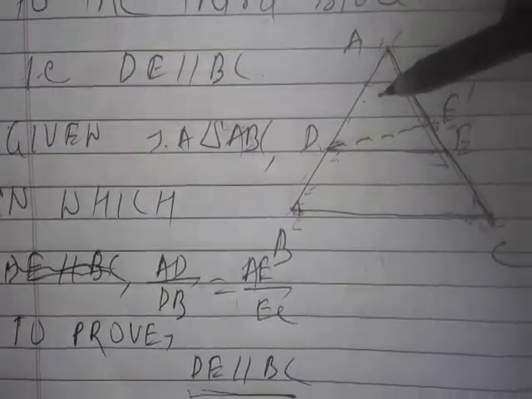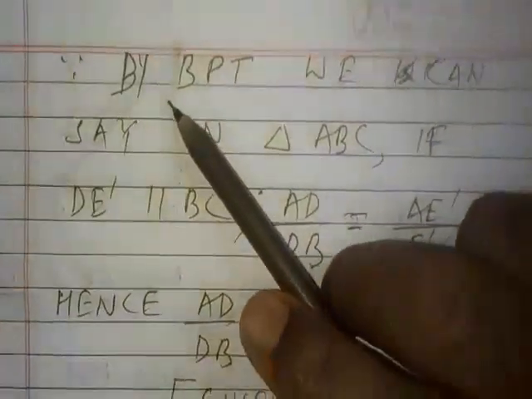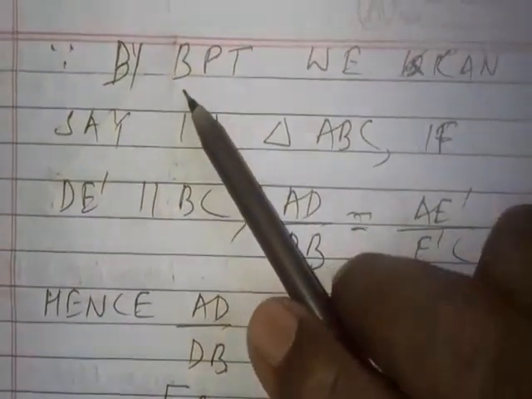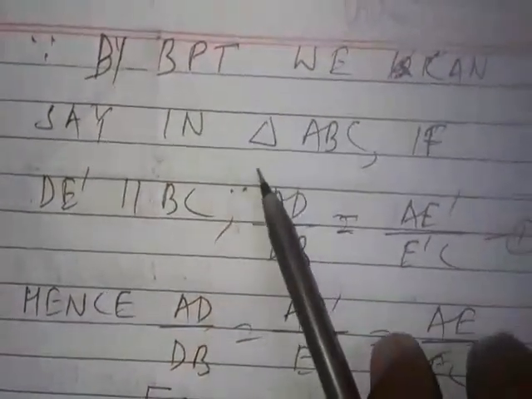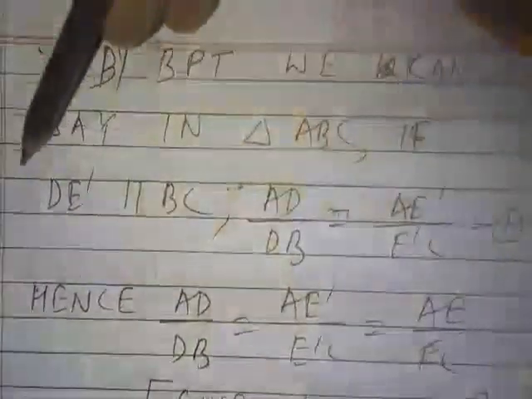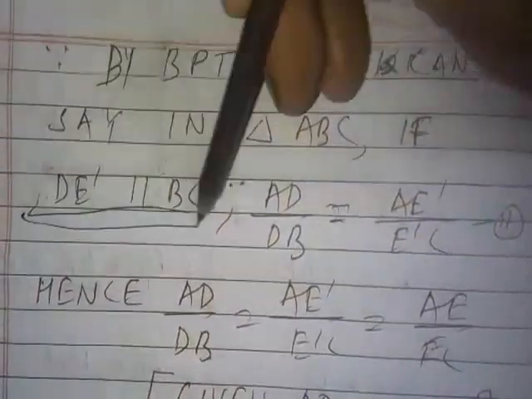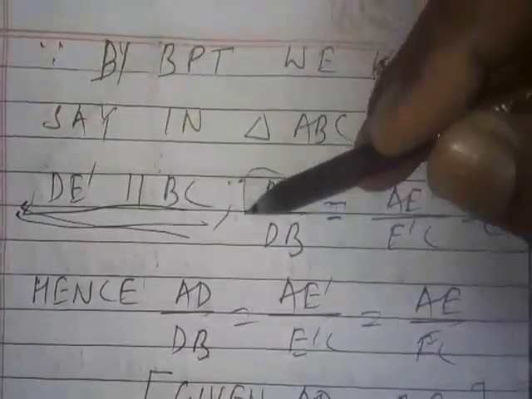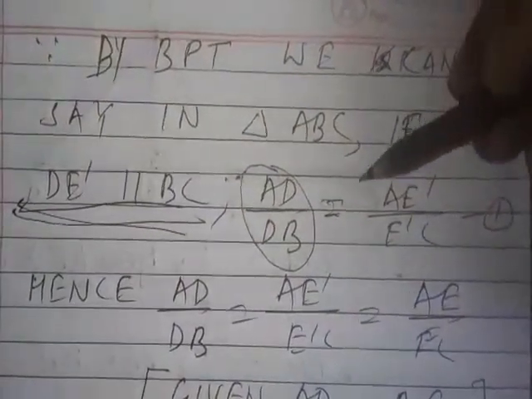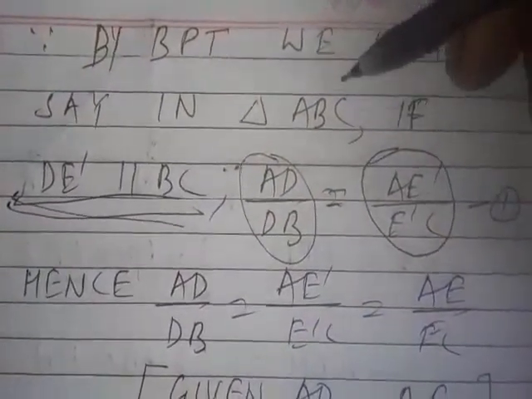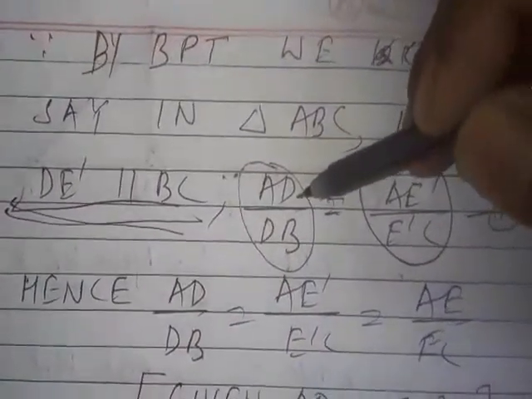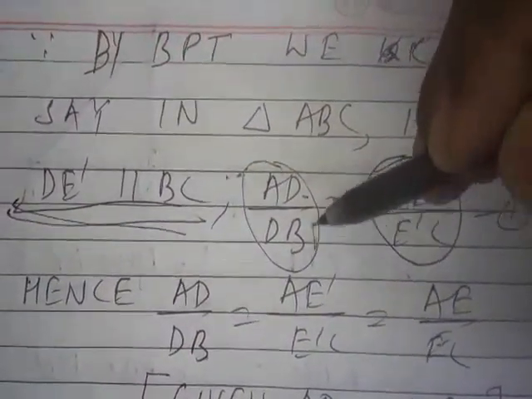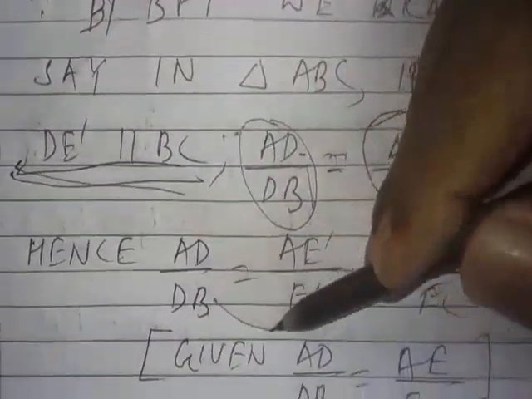Therefore, using the basic proportionality theorem, we can say in triangle ABC that if DE dash is parallel to BC, then the ratio of AD and DB is equal to the ratio of AE dash and E dash C. But it was given to us that the ratio of AD and DB was equal to AE by EC.